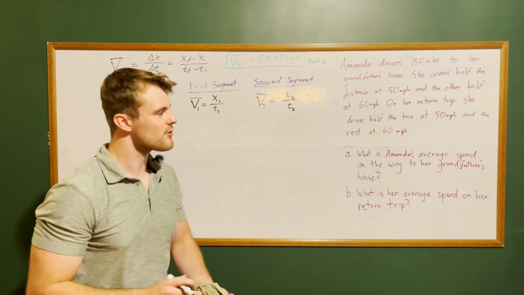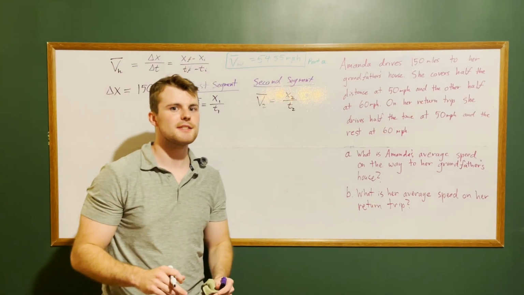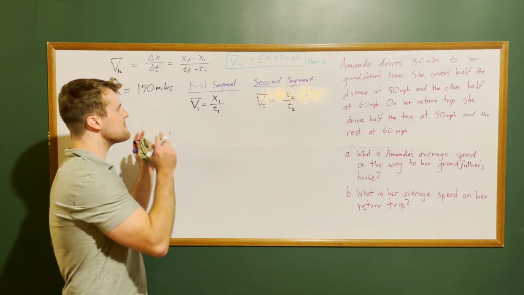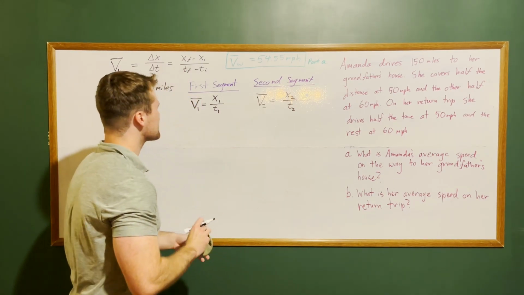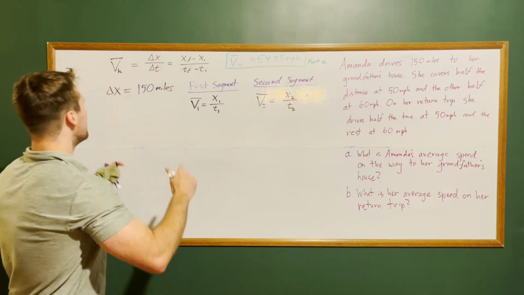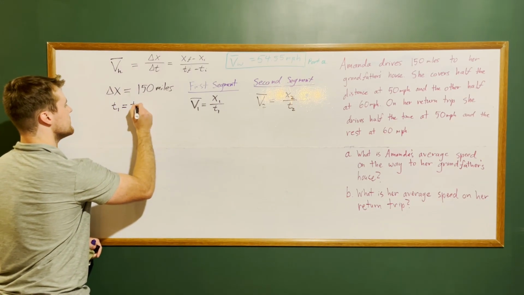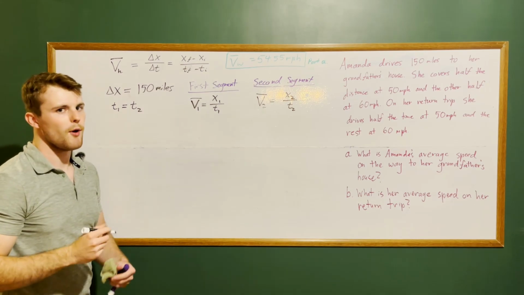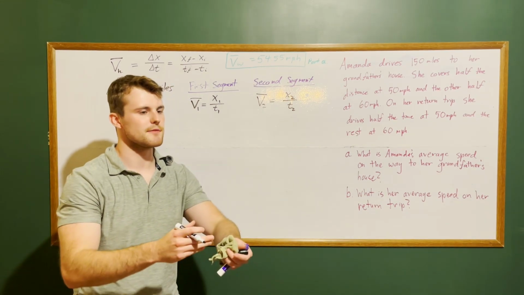So what I'm going to do in this problem, since we need this t sub f, is make two other equations based on the problem and then substitute them into this equation to get our final t f. So what else can we say about this problem? We can say that t1 equals t2. Why can I say that? This part of the problem is divided into two separate halves in terms of time.